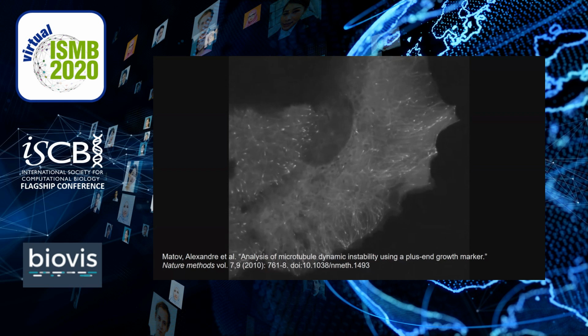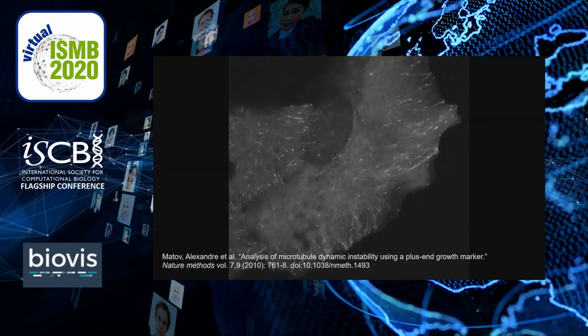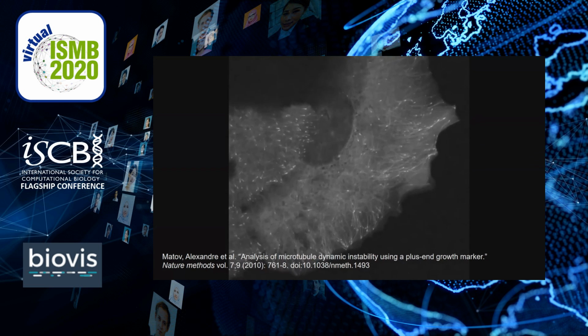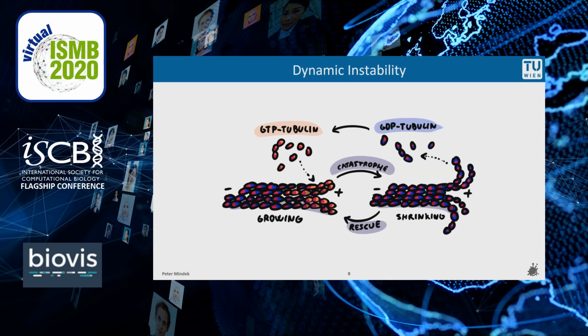Microtubules are filaments which constantly rearrange by growing and shrinking. We can see the process in this sequence where biologists were able to highlight the growing ends of the individual microtubules. Dynamic instability is intensively studied. Biologists are particularly interested in the exact mechanics of how the microtubules assemble and disassemble.